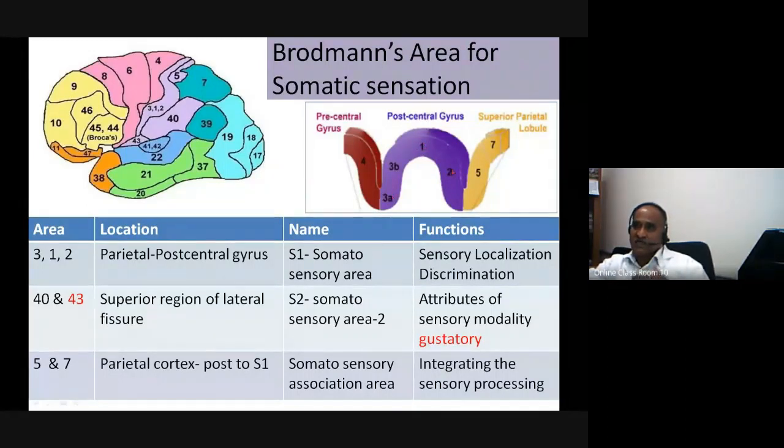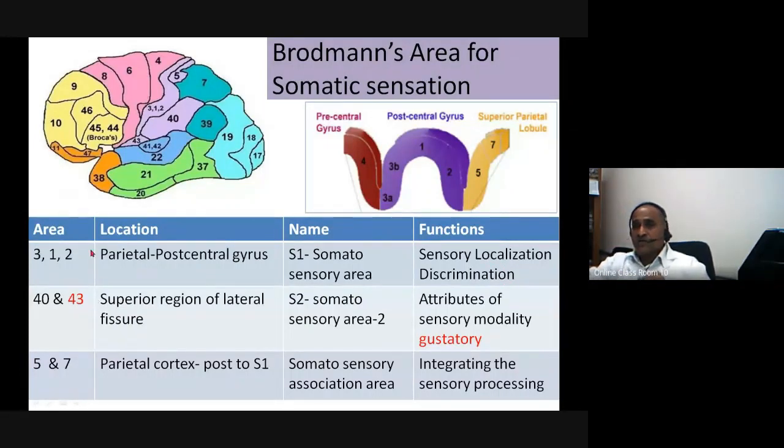This is the parietal lobe, postcentral gyrus, also known as somatosensory area 1, S1. It is responsible for somesthetic sensation, localization, and discrimination.